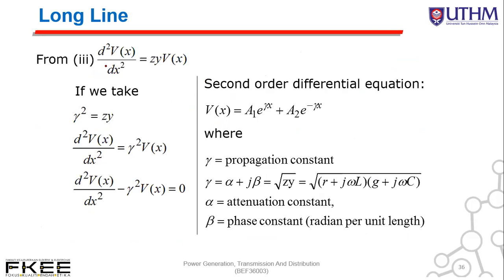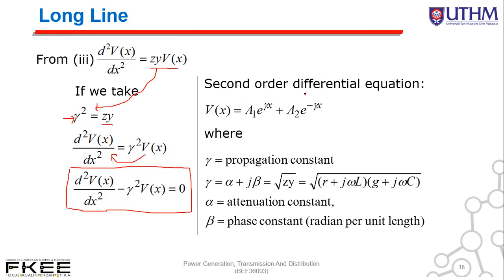From equation number 3, d square Vx over dx square equals ZY Vx, and there is a propagation constant gamma, where gamma square equals ZY. So our equation will be d square Vx over dx square equal to gamma square Vx. By bringing it to this side, we get d square Vx over dx square minus gamma square Vx equal to 0.